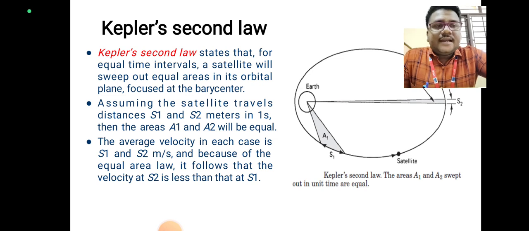If the satellite is farther from the Earth, let us consider the area covered is A2 and the time taken is S2. According to Kepler's second law, the areas A1 and A2 covered in the given interval of time are the same. That is, A1 equals A2, given that S1 equals S2. This is the major takeaway from Kepler's second law.